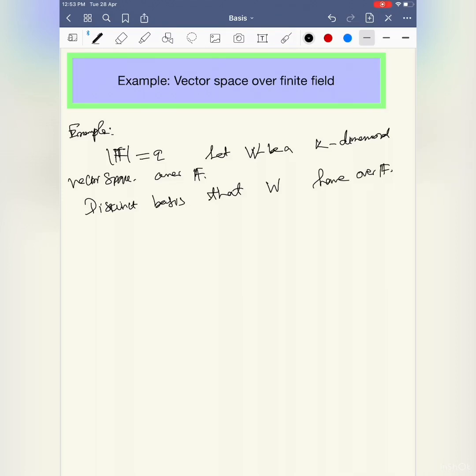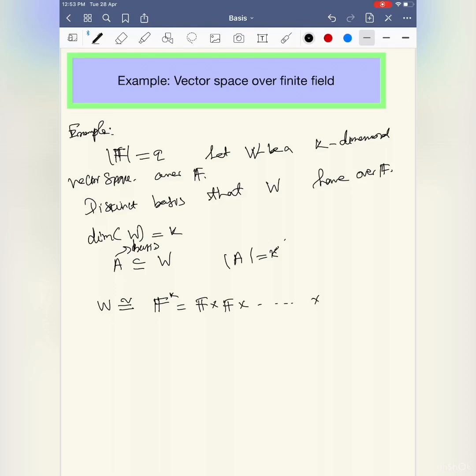So since the dimension of W equals k, any set contained in W with order k and linearly independent is a basis, so we have to express this combinatorially, in terms of ways. After the isomorphism theorem, we know every k-dimensional space is isomorphic to F to the power k, that is F cross dot dot dot cross F, k times.